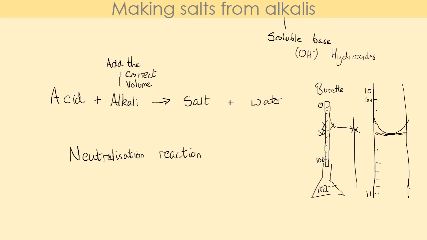So if we wanted to read how much had been added on here, we would read to this point here, and we would make sure we go from 10 and count down. So it's 10, 10.1, 10.2, 10.3 to 10.4. That is our value there. That is in milliliters or centimeters cubed, or any measure of volume.